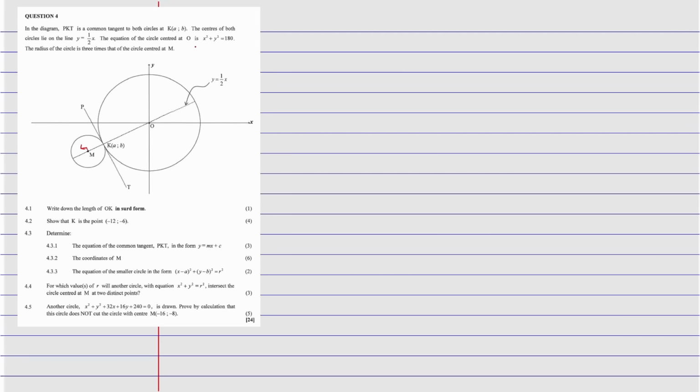So now they tell us the fact that the equation of the circle with the center O, which is the big circle, is given. They give us the equation of that circle.